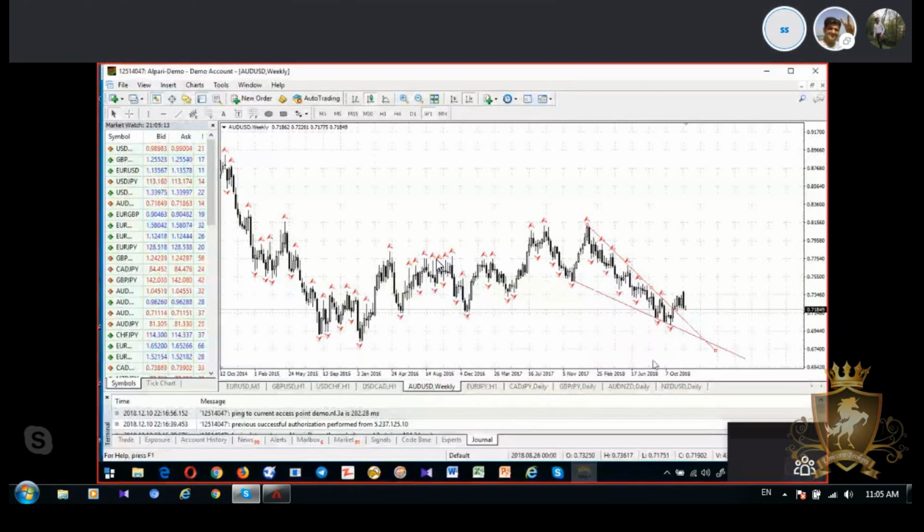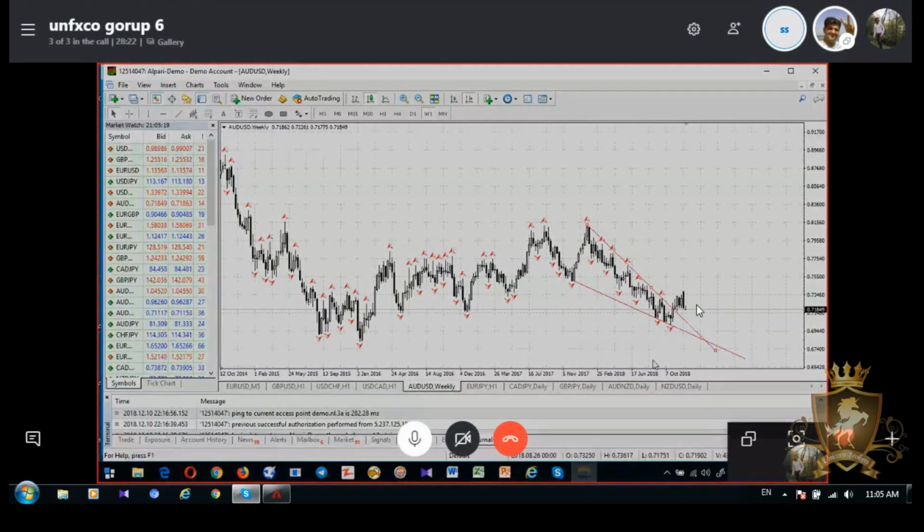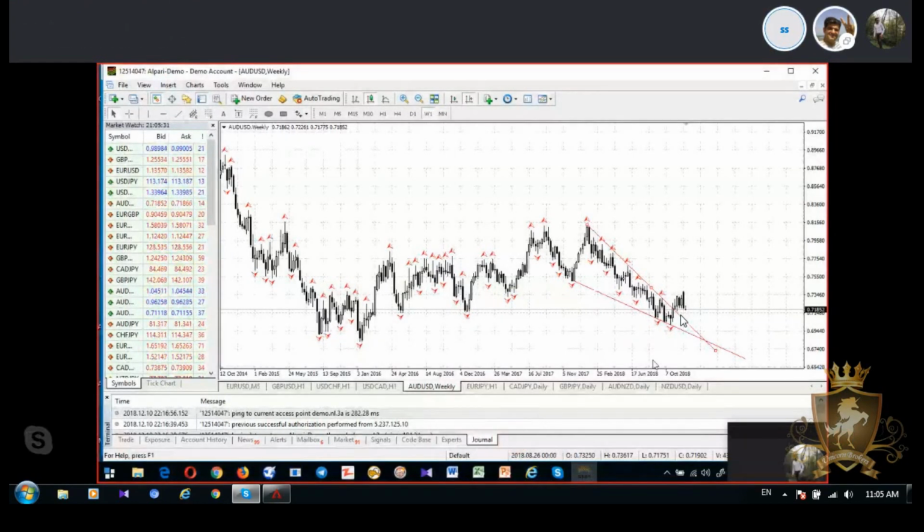No. It's because you're in its weekly time frame. If you consider it in the weekly time frame, your trend is a downtrend because your minor trend line is going down, but your main trend line is going up a little. So you don't have a full confirmation.